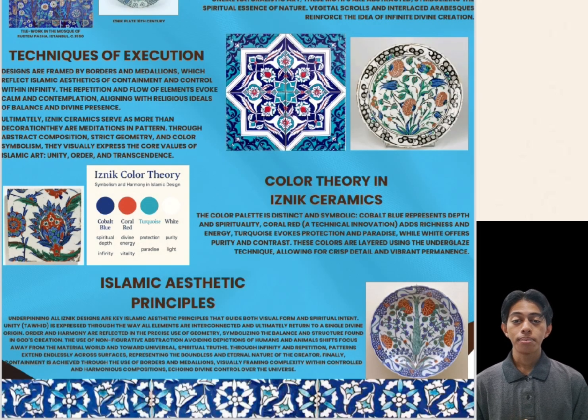At the bottom, the Islamic aesthetic principles are explained, fully covering unity or tawhid, order, abstraction, repetition, and containment. This final section ties all the visual parts together with spiritual meaning.